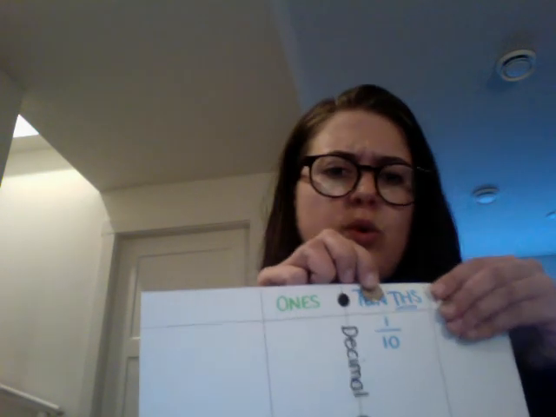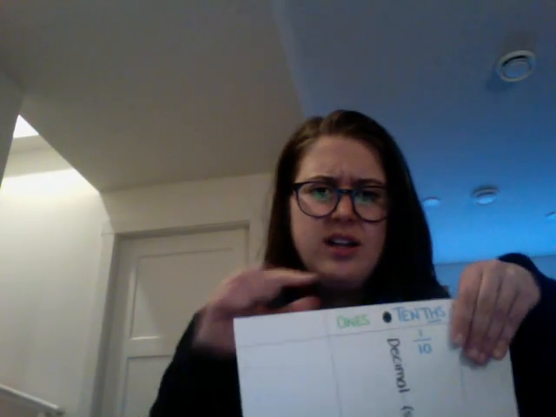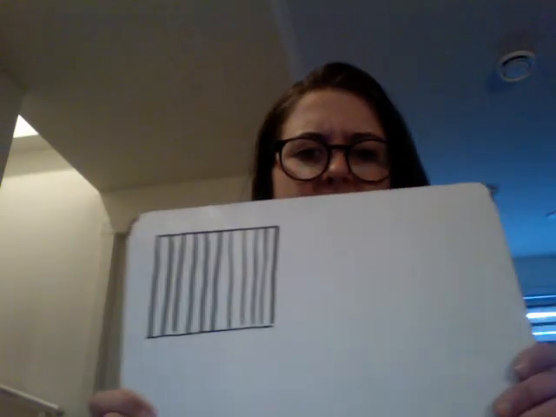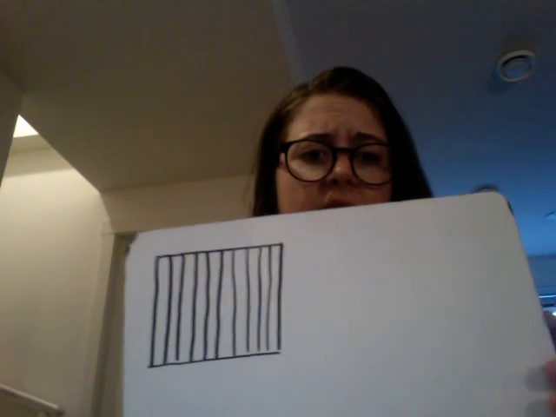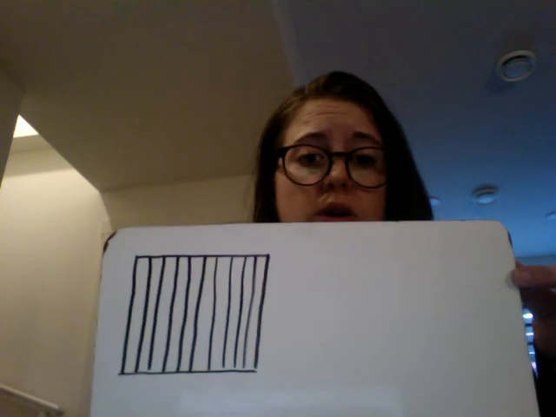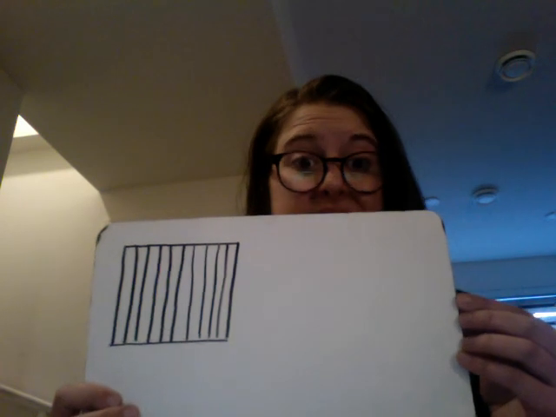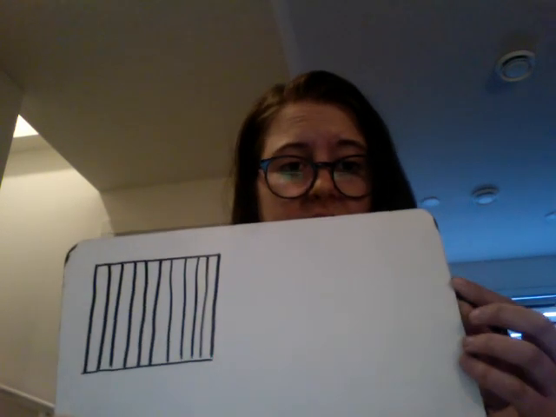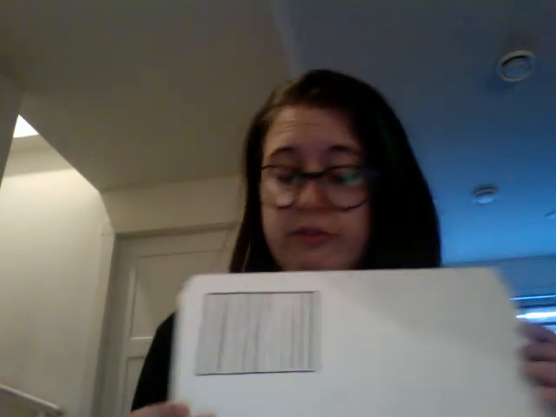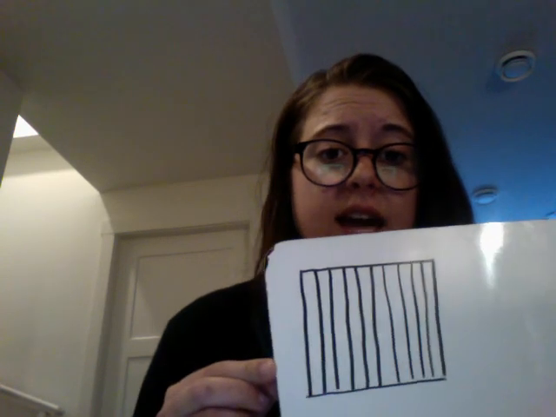When we talked about our tenths as representing 10 in one whole, we showed briefly that we could draw a decimal grid with a whole base 10 block split into 10 equal sections. I know my lines are not very straight, unfortunately, but you can see there are 10 sections.